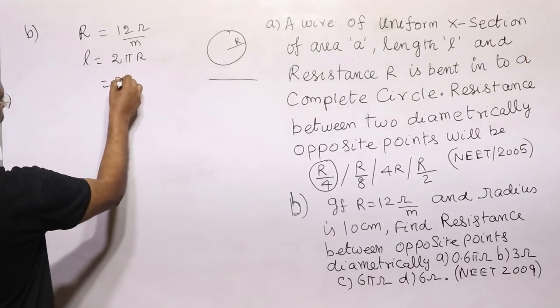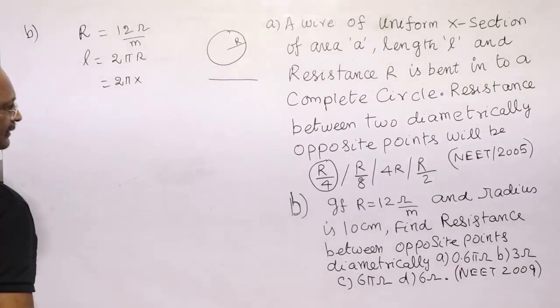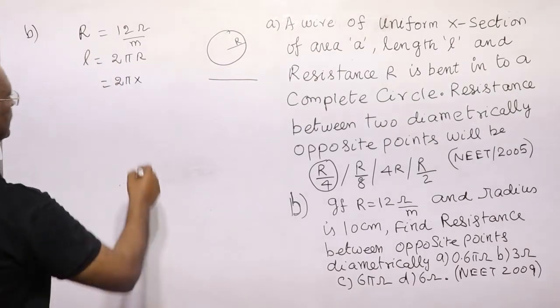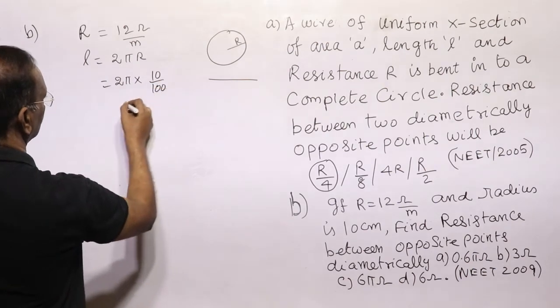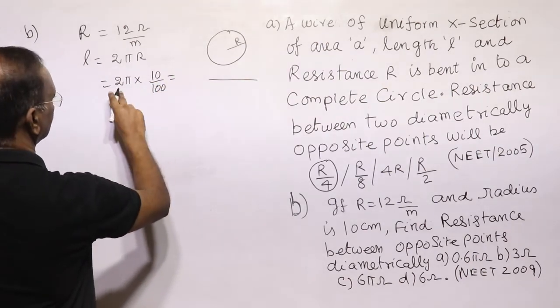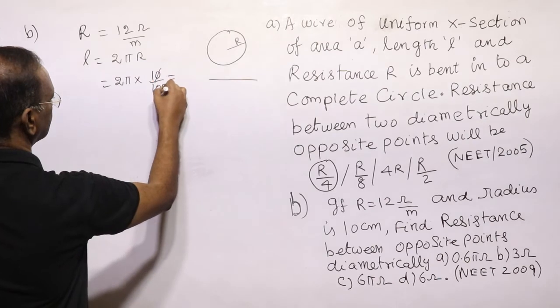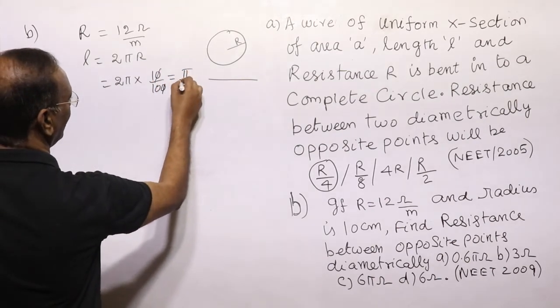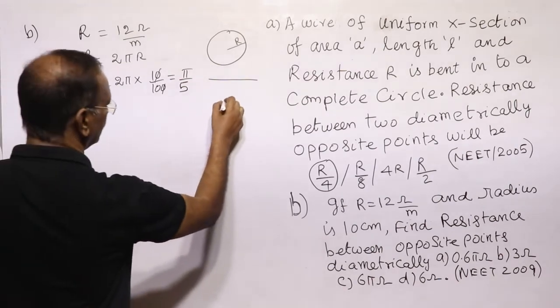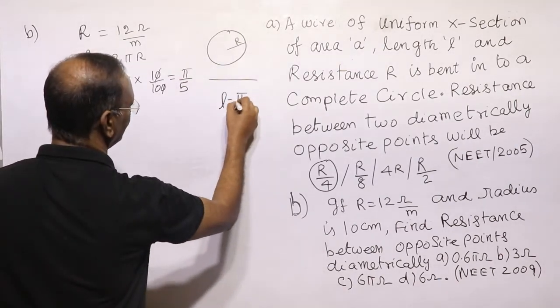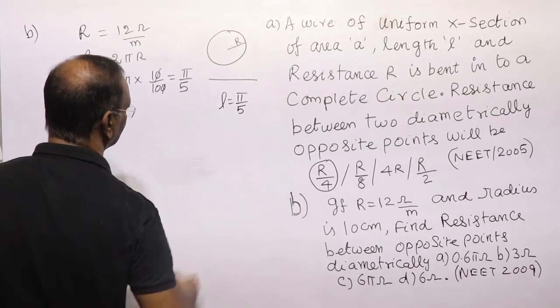The radius is 10 centimeter, that is 10 divided by 100 meter, so the length is pi by 5 meter.